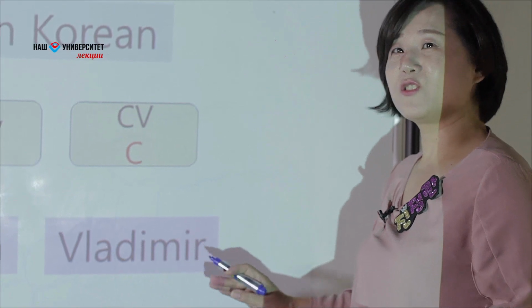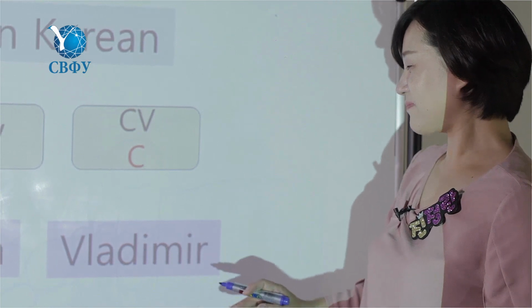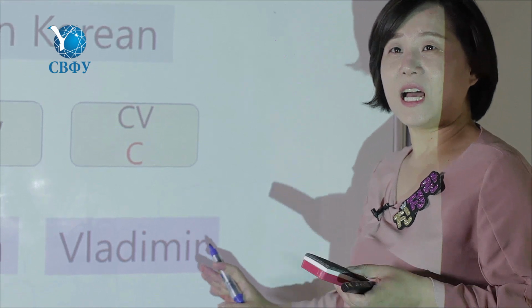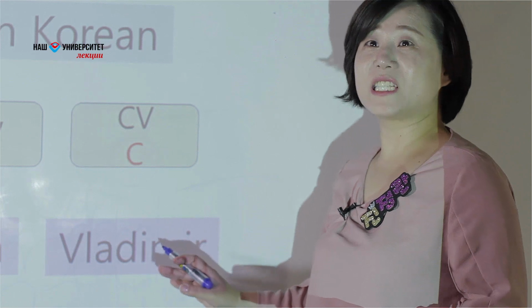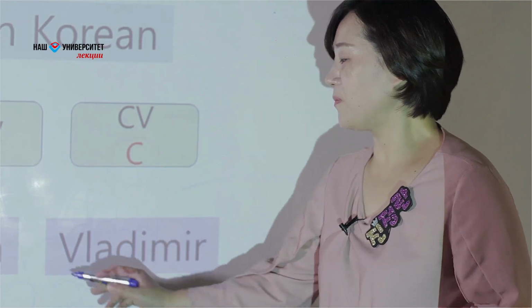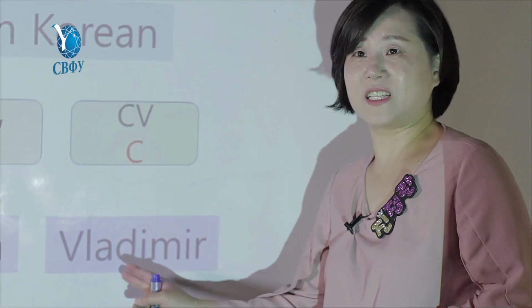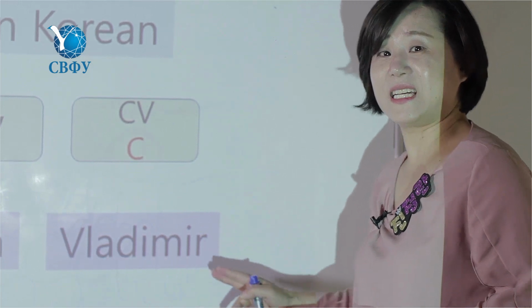Let's move on to a little more difficult one. In Russian names, there is a very special style. It's totally different from the Korean writing system. There are consonant sequence words like Vladimir.